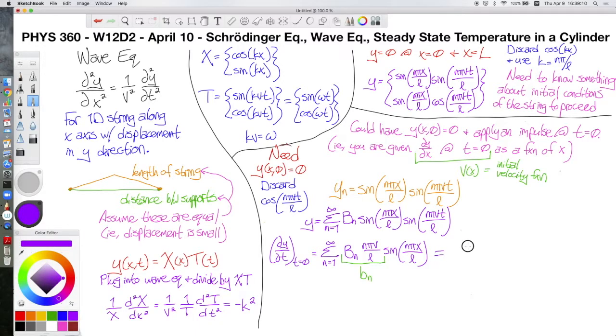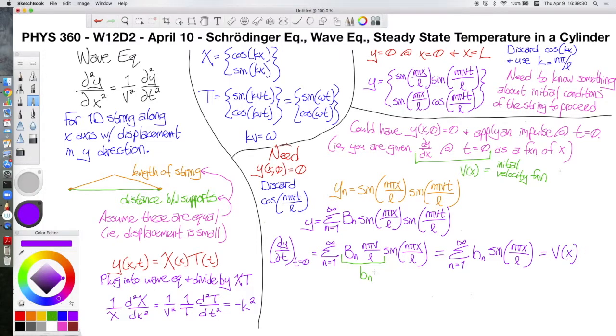So writing this in a different form, this will be the sum from n equals 1 to infinity of little b sub n times sine of n pi x over L, and this is going to be equal to our initial velocity function.